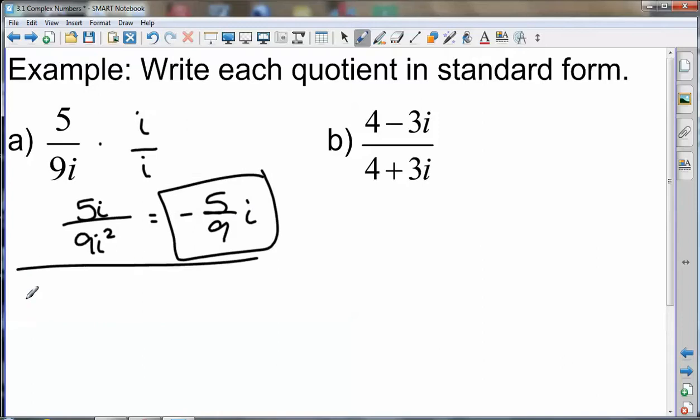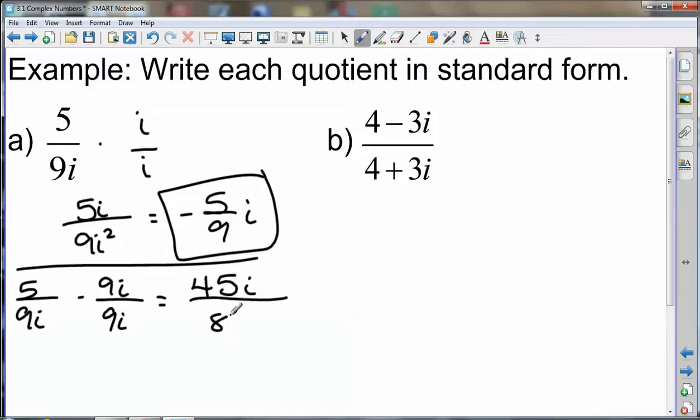The other half of you multiplied by 9I on top and bottom, and you got 45I over 81I squared. 81I squared is negative 81, but what does 45 over 81 reduce to? 15 over 27, but then you divide both by 3.